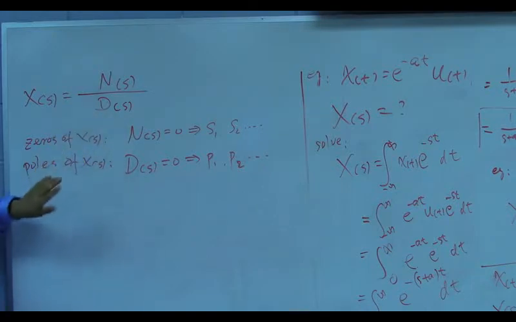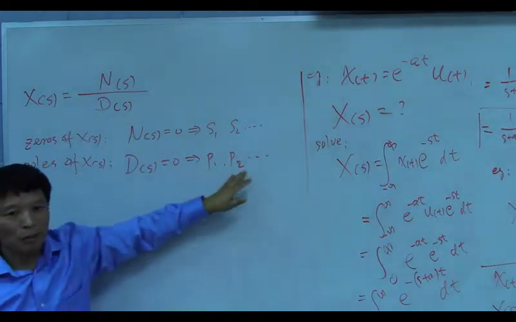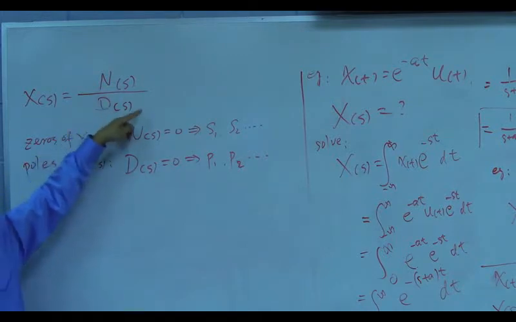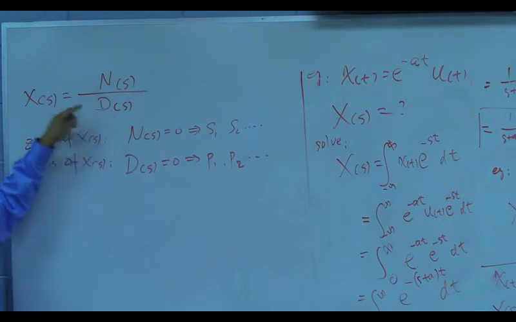If you plug s equals p1, p2, all these solutions, it will make this part equal to 0. If you make this one equal to 0, that means this one will go to infinity. So that is called the poles. Questions on this?